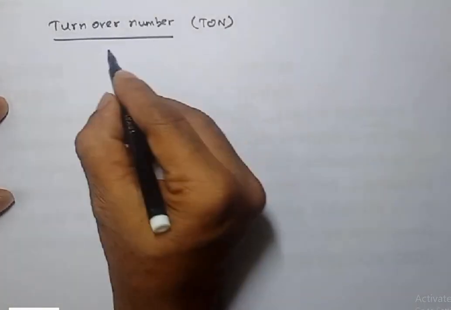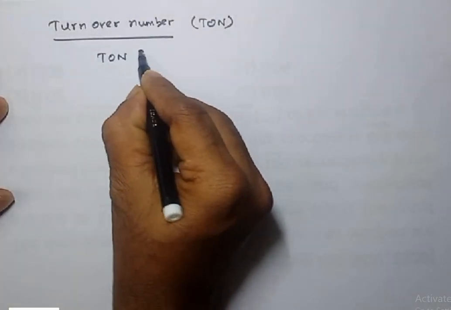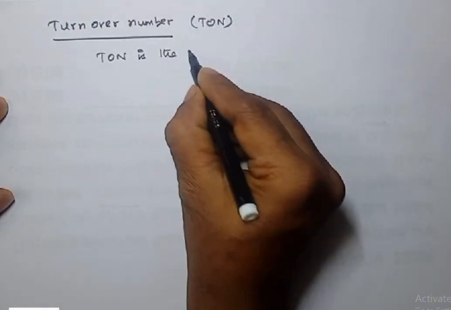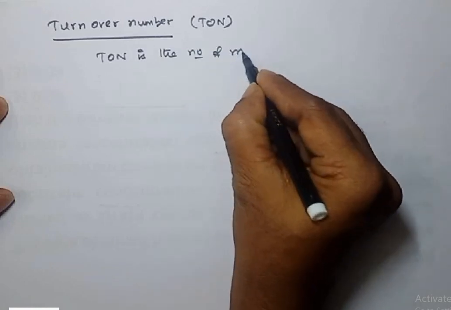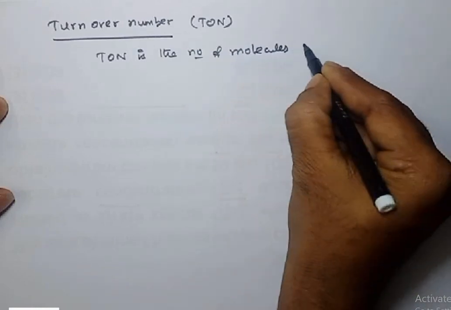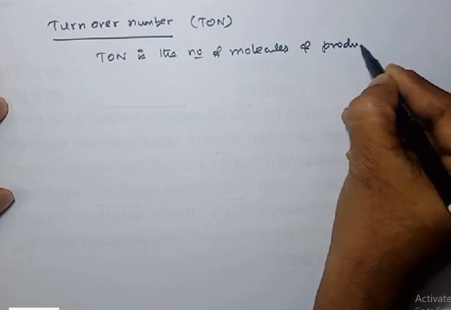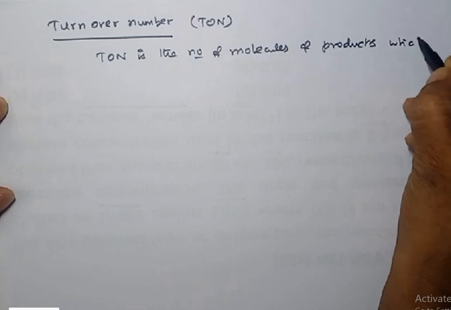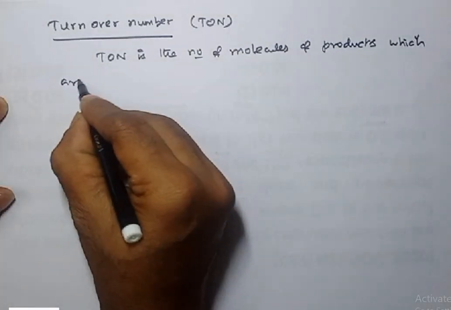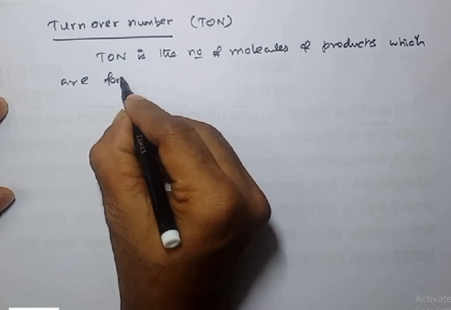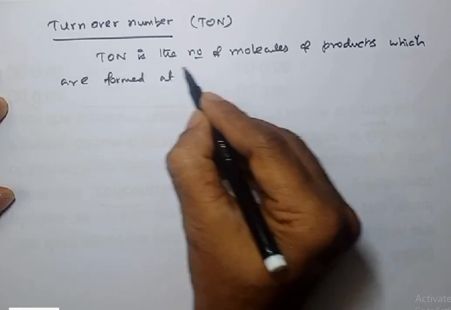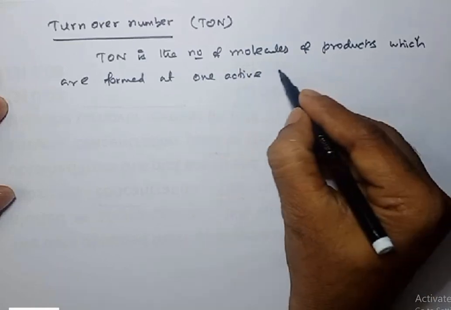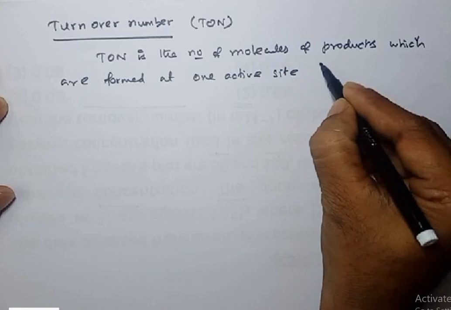Turnover number is the number of molecules of product formed at one active site per unit time.